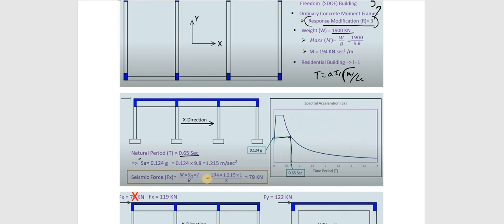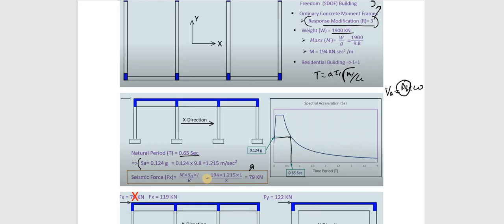I will get SA by G equal to 0.124. If I know the value of acceleration, then I can find out the force. This is another equation, a sample equation only. Our equation is force equal to AH into W. So you have to find out AH.